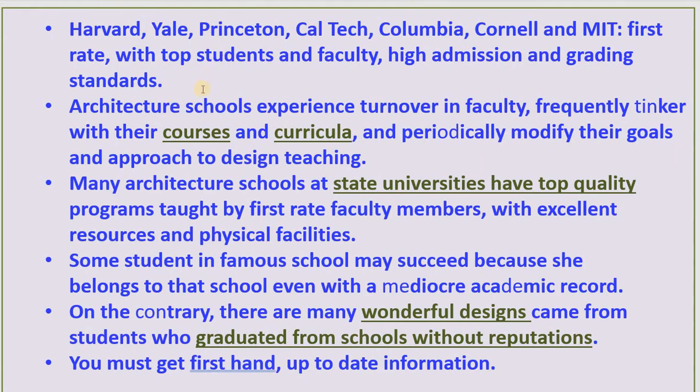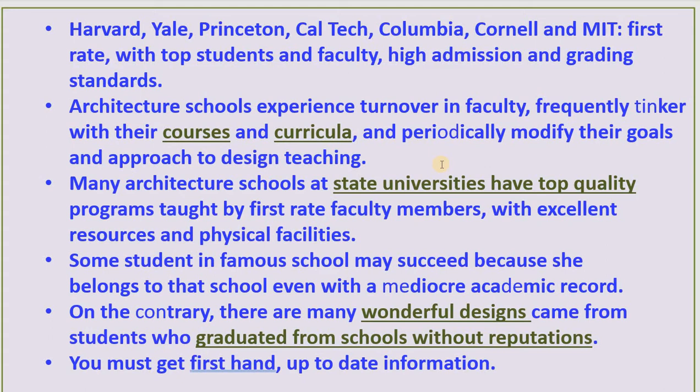Some schools, I tell you, are Harvard, Yale, Princeton, Cal State, Columbia, MIT. In those schools, they have top students and faculty, and they have high admission standards. In architecture school, frequently they have their courses and curricula, and they have modified their goals to approach design teaching.